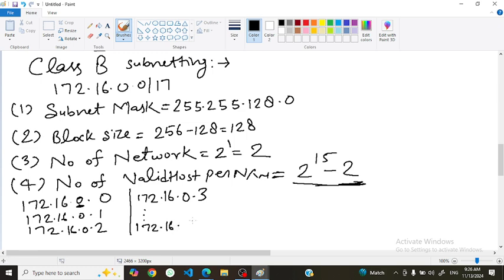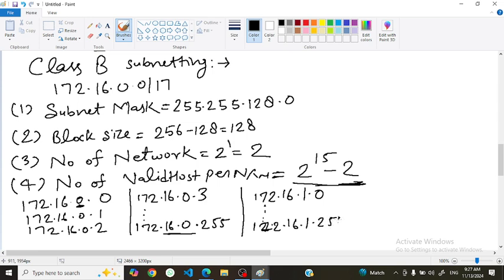172.16.0.255. Once you reach 255, then you will move to 172.16.1.0. Okay. Similarly, you will have to reach 172.16.1.255.